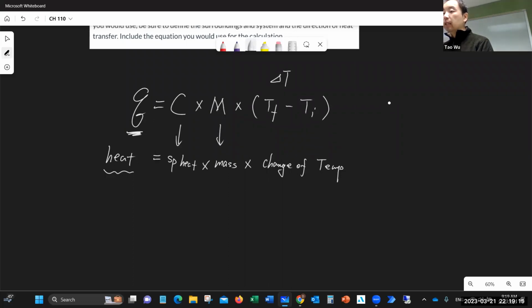We just need to look at Q. If you know the specific heat of the material, and you know the mass of this material, and you can measure the change of the temperature, you know how much heat this object gains or loses, right? We talk about heat being used to change the temperature. So this is how much heat can transfer from one object at one temperature to another. So specific heat times mass times change of temperature is equal to the heat.